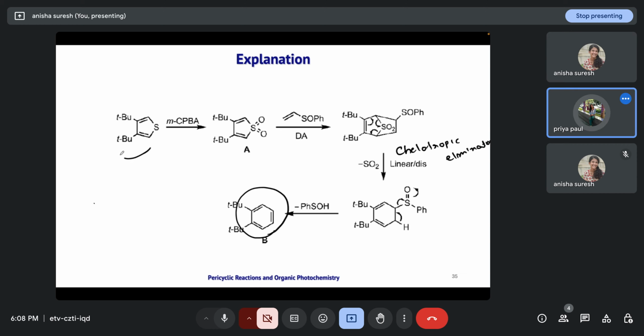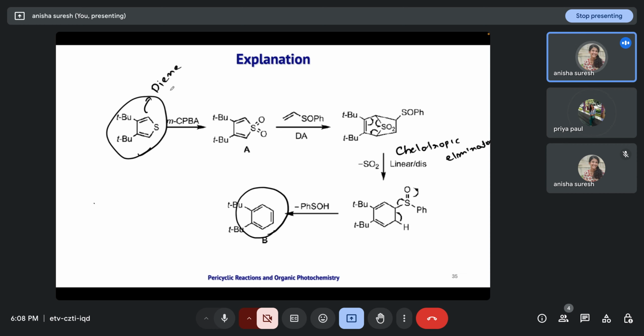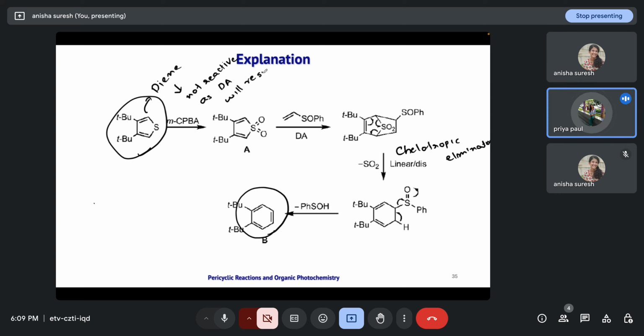So this was initially a diene, but this is not reactive as a Diels-Alder reaction will result in loss of aromaticity. Okay, so that is not reactive towards Diels-Alder reaction. Understood.